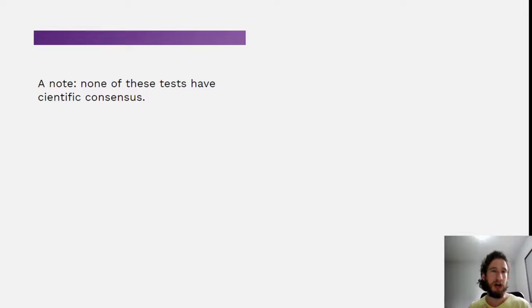So they are not to be taken as not serious, because I really like them. It helps you make sense of the world, but you shouldn't take them as the truth, right? There isn't such a thing as the truth when we're talking about dividing people into categories. No test has achieved this.